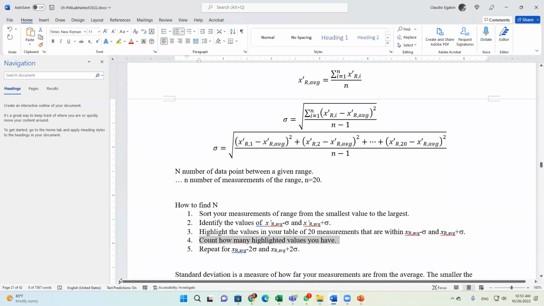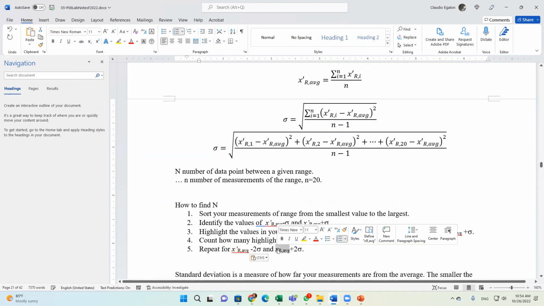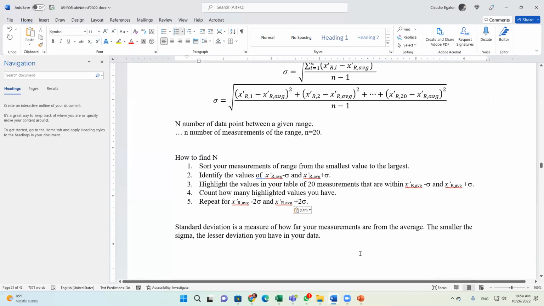Count how many highlighted values you have. Repeat for X prime. X prime stands for the measured value. And then repeat for minus 2 sigma, plus 2 sigma, okay? So that's what we have for this experiment.